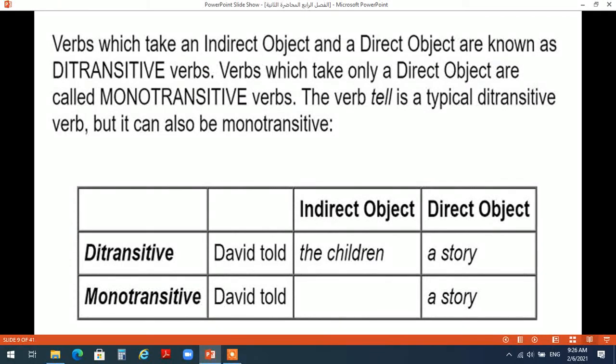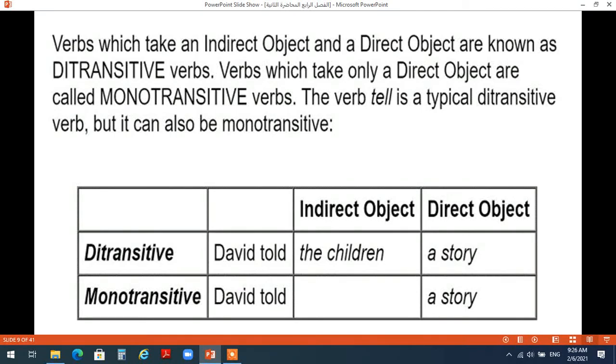ملاحظة مهمة تقول the verb tell is a typical diatransitive verb but it can also be monotransitive. إذن أحيانا نفس الفعل ممكن أن يأتي في جملة يكون فيها نوعه diatransitive verb، وممكن أن يأتي في جملة أخرى يكون نوعه فيها monotransitive verb.